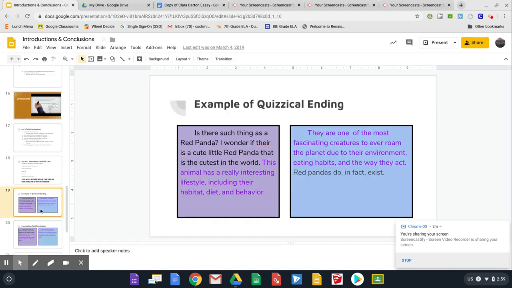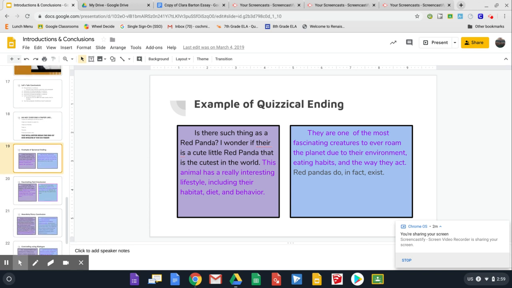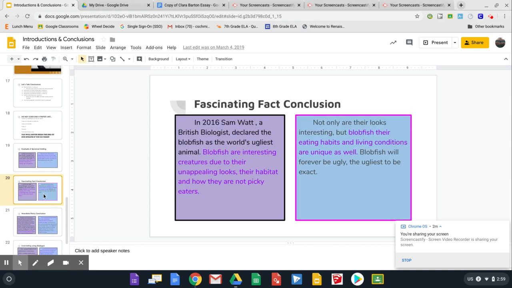Now, in these examples, they're not going to have that summary of the body paragraphs. I said no questions, so this one doesn't matter. We go down to the interesting fact. So if your attention grabber starts with an interesting fact, like the ugliest animal, now they reword the thesis statement, so the things in purple are what's said again. But then at the end, we bring back that fact: blobfish will forever be ugly, the ugliest to be exact.